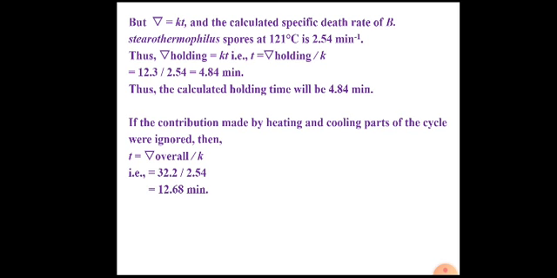The value is 12.68. Three times bigger than the actual value. So earlier it was 4.84. Now, without considering the contributions of heating and cooling, the value is 12.68 minutes. What does it mean?